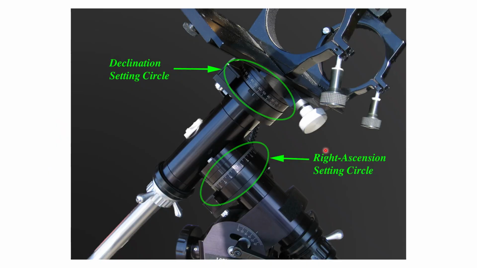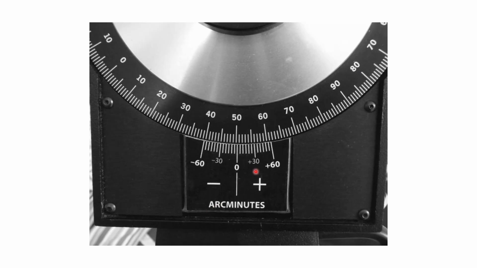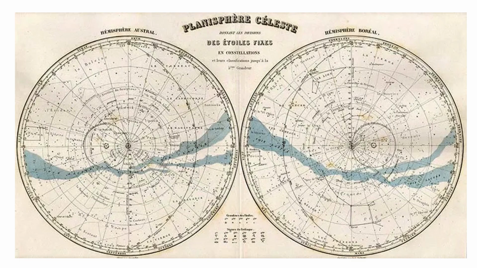Here you can see the setting scales for declination and right ascension. These are called the setting circles. Here, this can measure in arc minutes. These are the star maps.